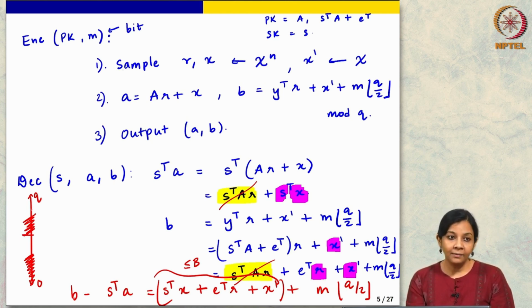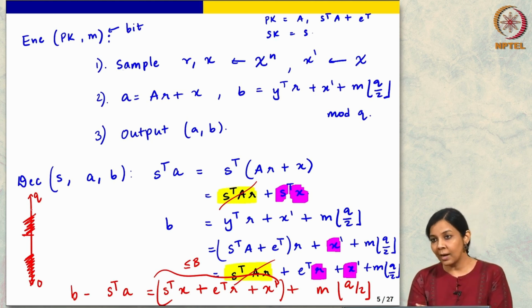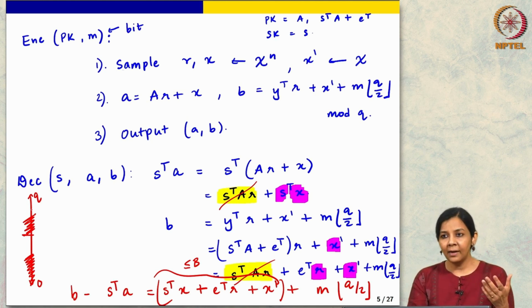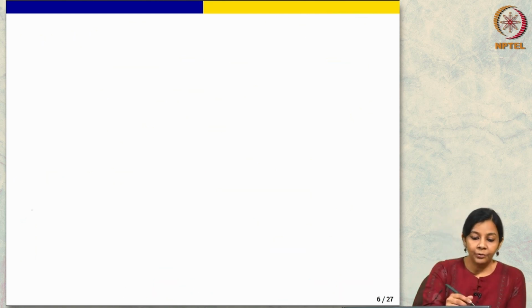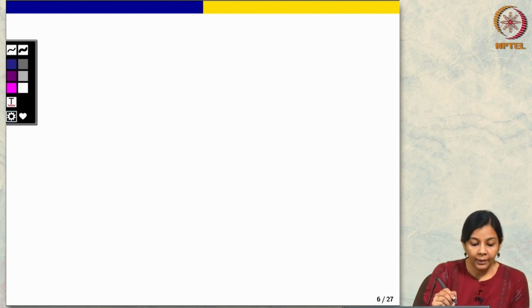Is the correctness clear? So, we need to set the parameters. For correctness we need to ensure that the error will be small. Let us do that, but at least at a high level is this idea clear? Okay. So, let us write down correctness.